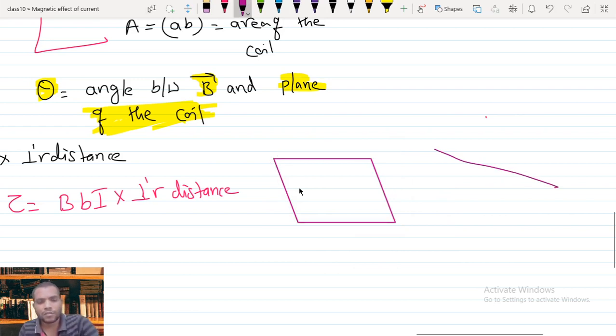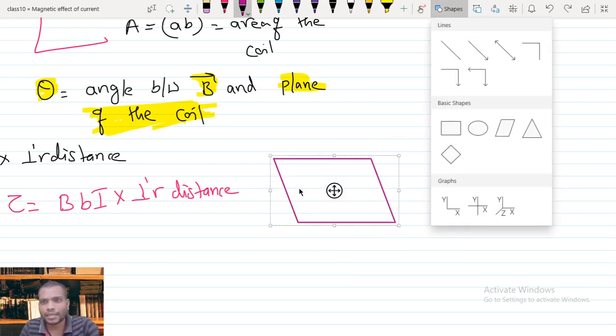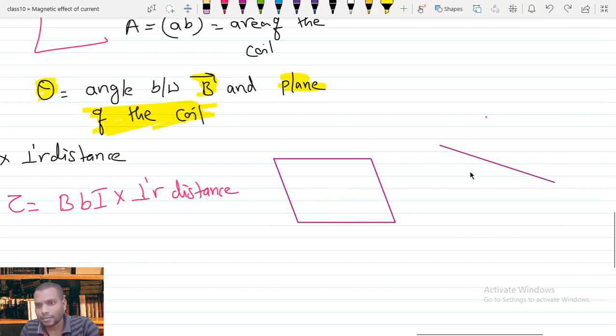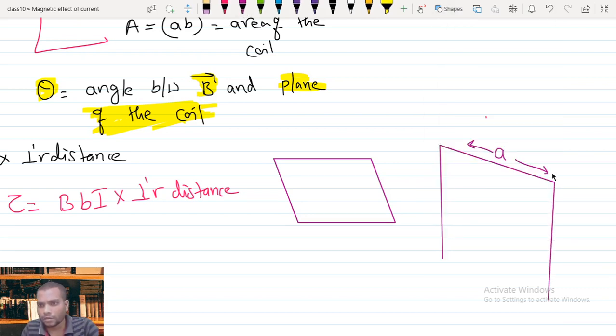Suppose this is one of the sides, which we can consider as a side of length a, and through the sides the current I is passing. Now this side I can take as PQRS, this is the PS side.